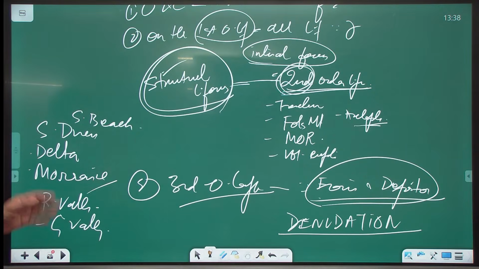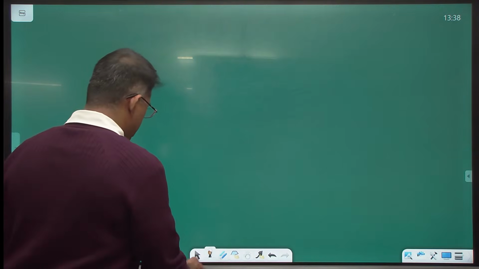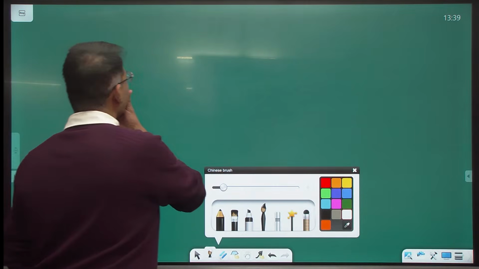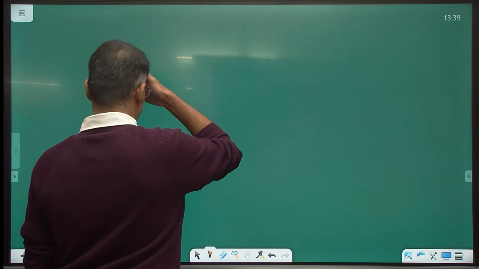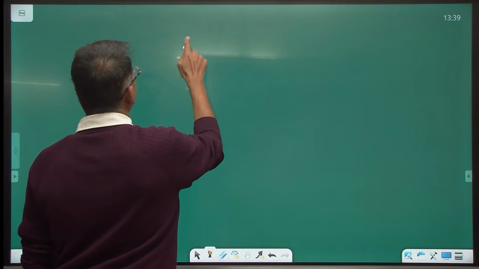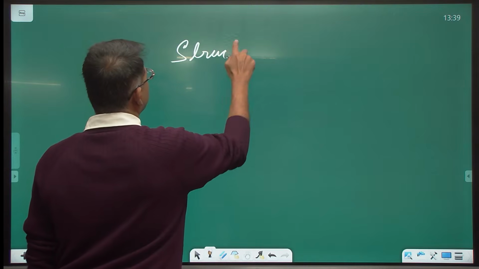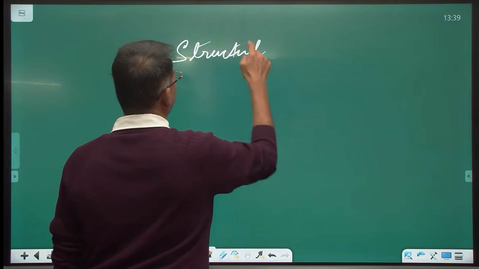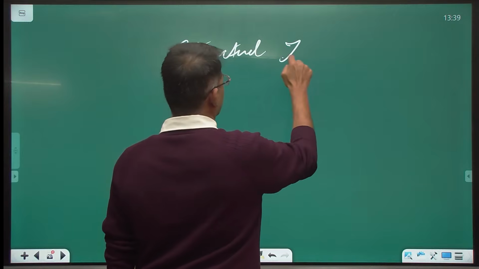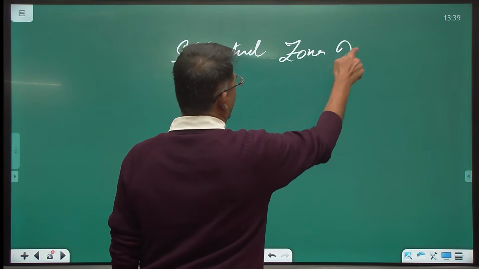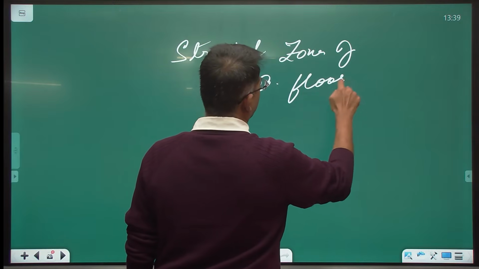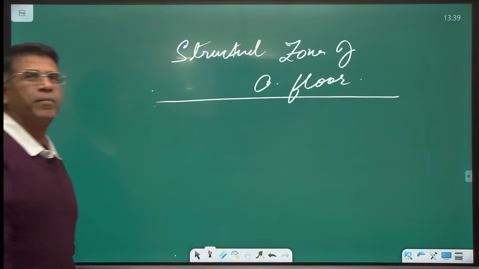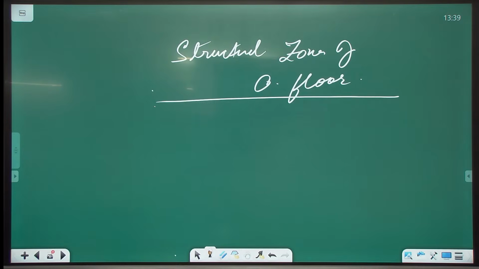Okay, so I'll initiate the next topic, a fresh page. Okay. The structural zones of the ocean floor.